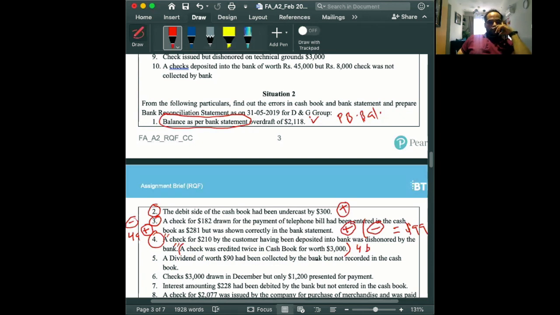Okay. Next, a dividend worth $90 had been collected by the bank but not recorded in the cash book. Minus. Everybody minus.